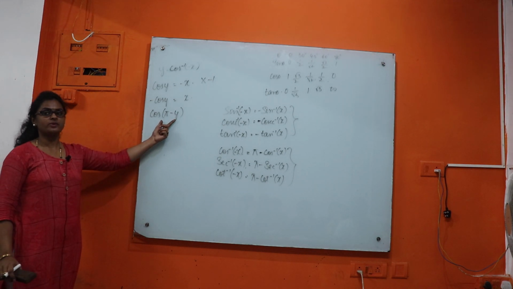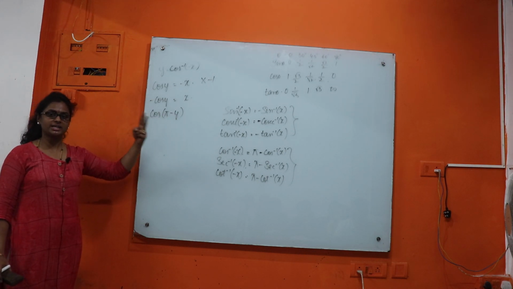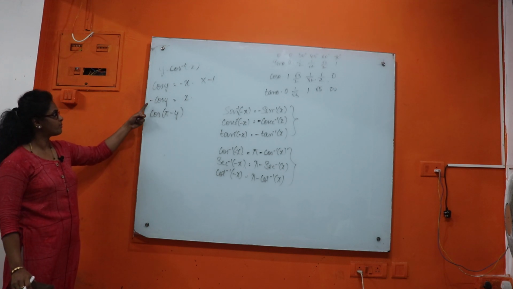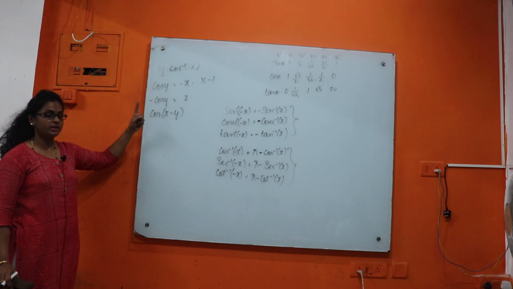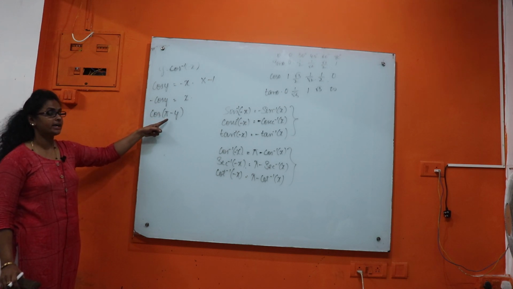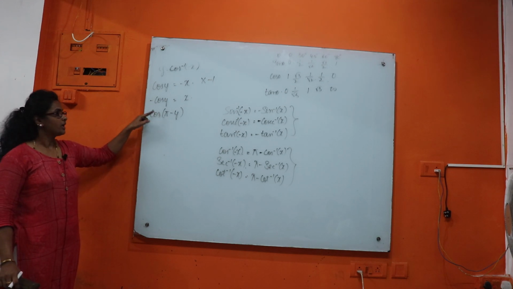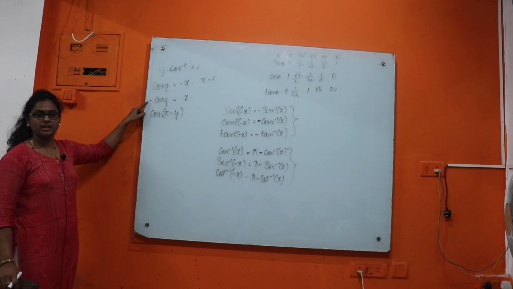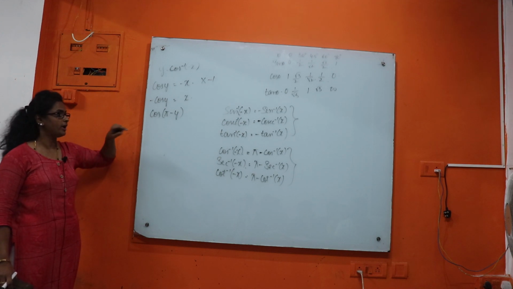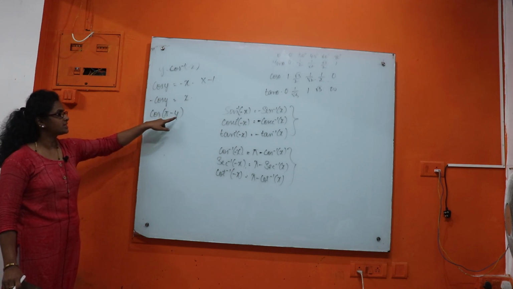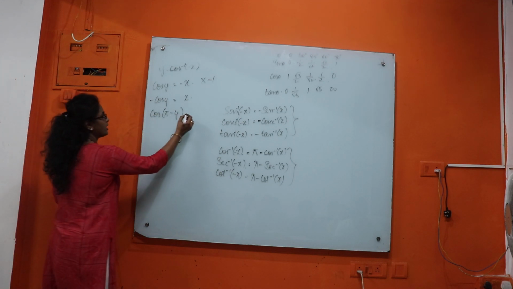Cos of pi minus y is in which quadrant? In the second quadrant. In the second quadrant, we are supposed to get it as negative. Since I have a negative value, I am taking it in the second quadrant. If we had a positive, then we would have taken something like pi by 2 plus. Okay. But here cos of pi minus y is equal to x.